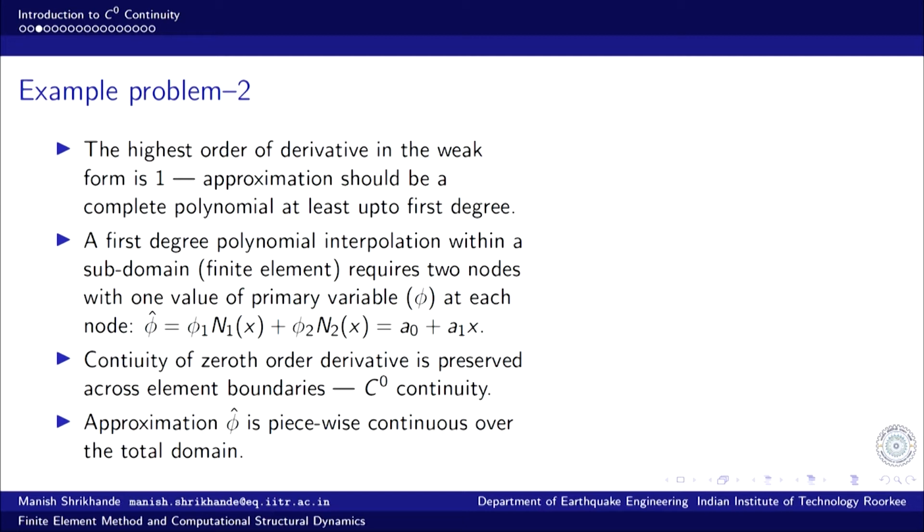So, this is called C 0 continuity, and the approximation can be built in terms of interpolation of these primary variables.